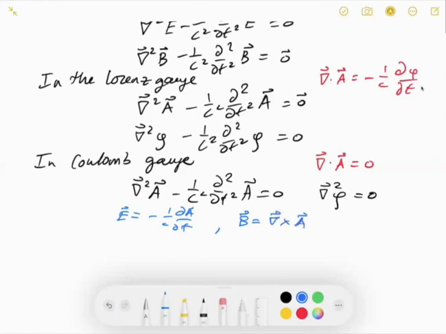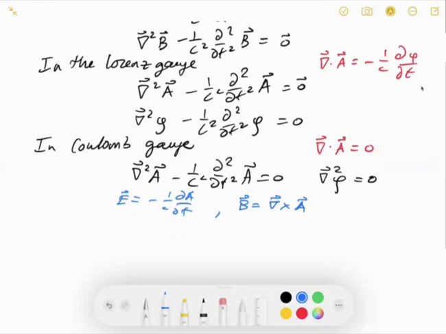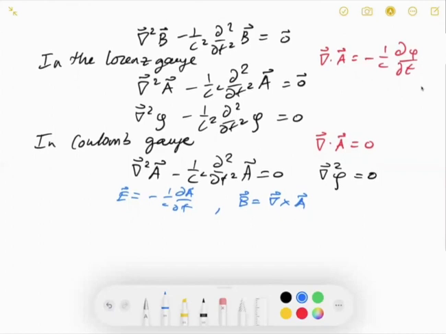So the Coulomb gauge is a gauge that a lot of people use. There's another reason for that, and that is that this Coulomb gauge is also called the transverse gauge. All right, and now let me explain to you why they call it a transverse gauge.